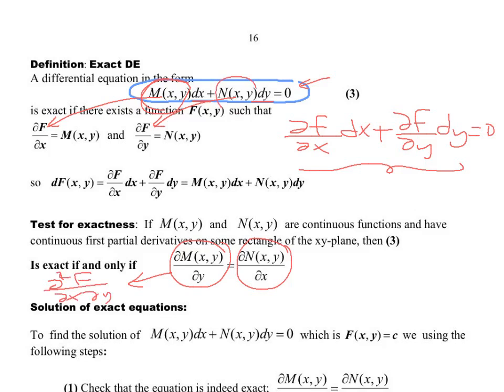And when you differentiate N with respect to x, you are actually finding the second derivative of f with respect to yx. If they are equal, then the differential equation is exact. So you have to differentiate M with respect to y and N with respect to x. If they are equal, the differential equation is said to be exact.